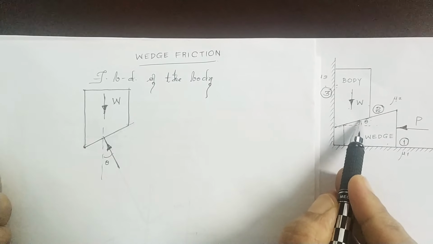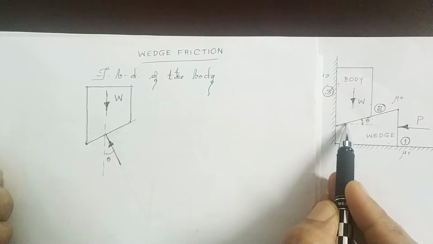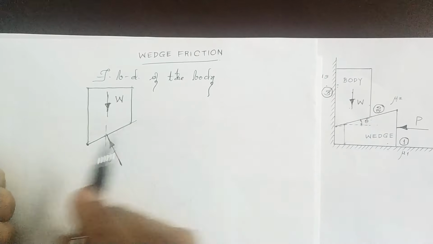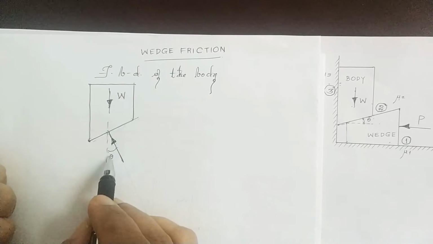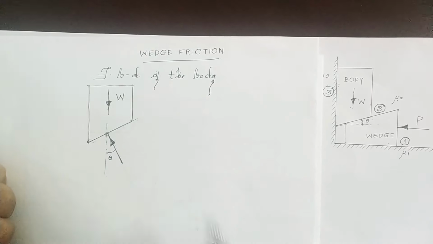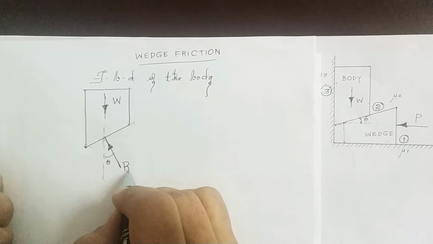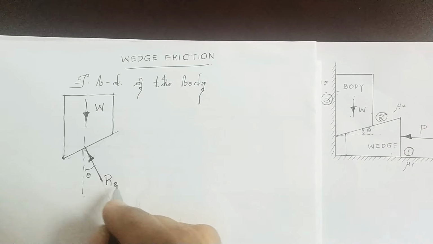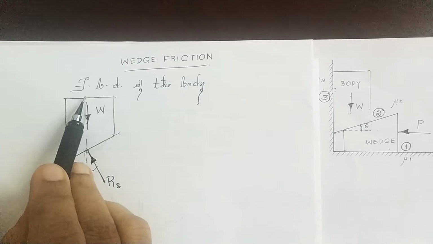Remember, this theta is the angle of the wedge or the angle of inclination of the plane of the wedge to the horizontal. So here, perpendicular to the plane means it would be at theta degrees to the vertical. So that would be the normal reaction. Since the surface is 2, shall we name it as R2? Okay, R2 acting like this.